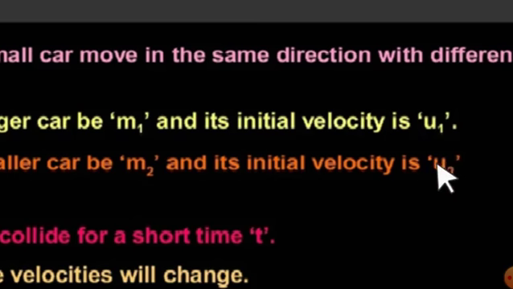That means this bigger car of mass m1 moves ahead with the velocity u1, and the smaller car which moves behind the bigger car has mass m2 and is moving with velocity u2.